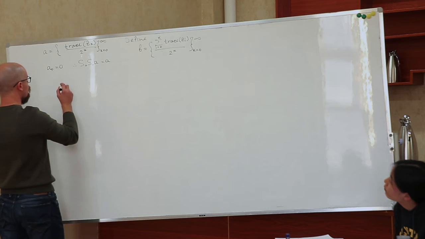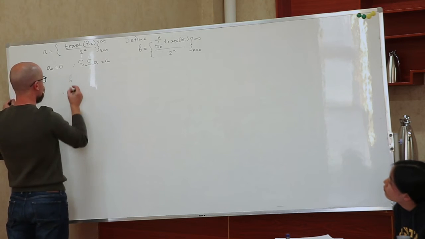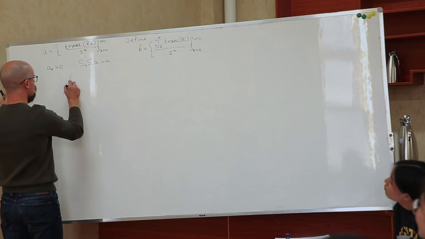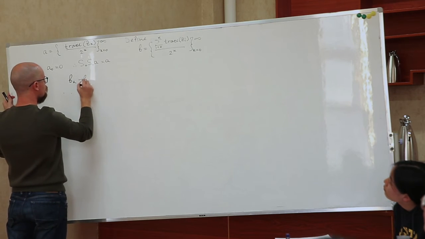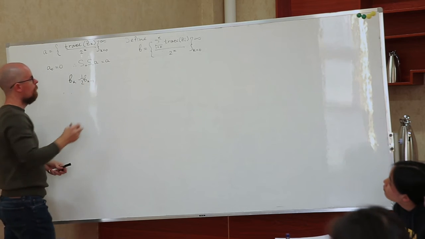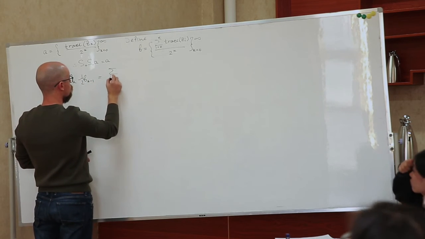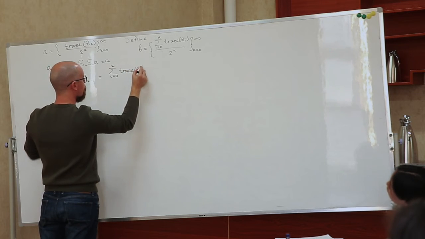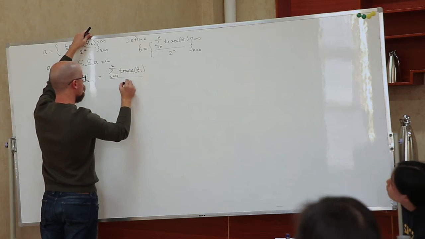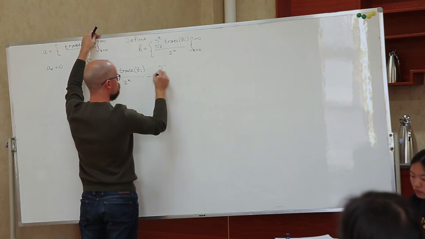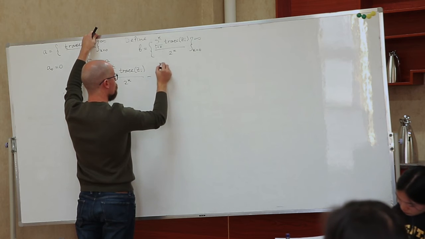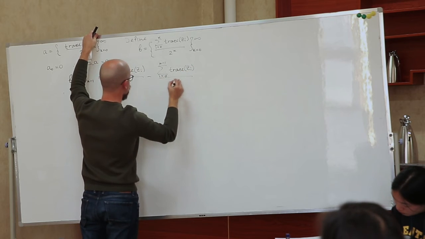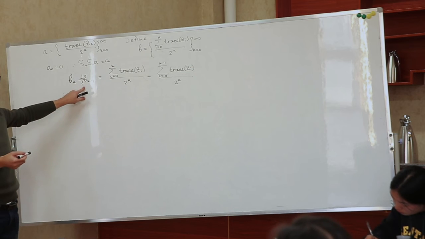Let's check what we have. If I take now B_k minus half B_{k-1}, then what I have is the sum from 0 to k, over 2 to the power of k, minus the sum again over 2 to the power of k, because I have divided by 2.